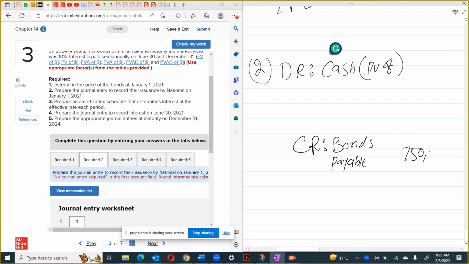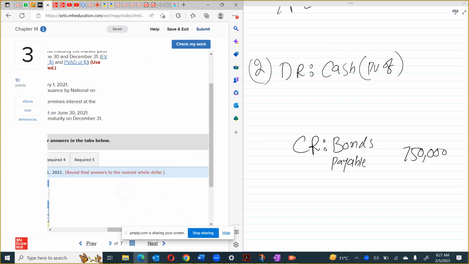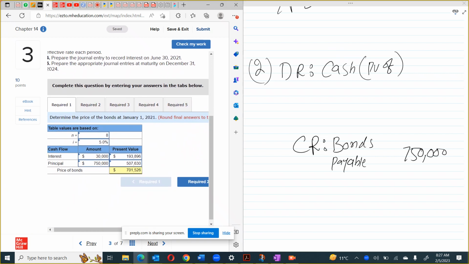You will always credit the bonds payable with the face value. And on the cash side, you will write the present value that we just calculated in the last question. It is 701,526, and the difference is debit discounts on bonds payable.